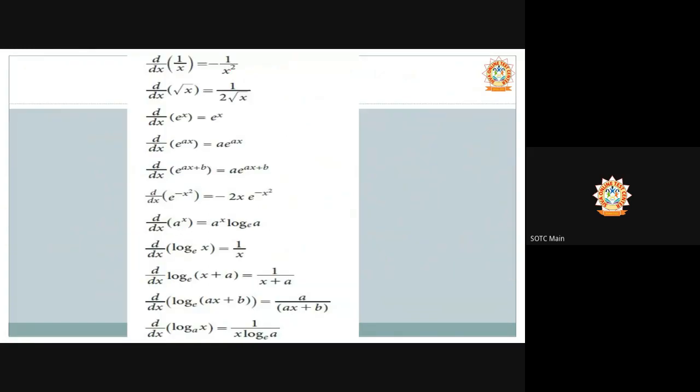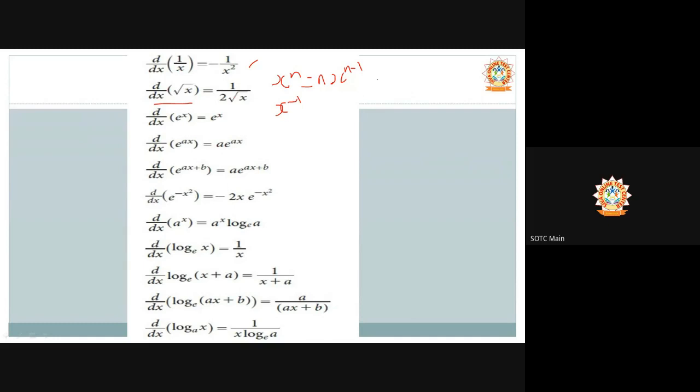Now try to see some extensions using those only. d by dx of 1 by x is minus 1 by x square, or if you want to solve using x power n is equal to n into x power n minus 1, you can also solve that. By making it x power minus 1, in the place of n you can place minus 1 and substitute, it will come minus 1 by x square. Then differentiation of root x is 1 by 2 root x.